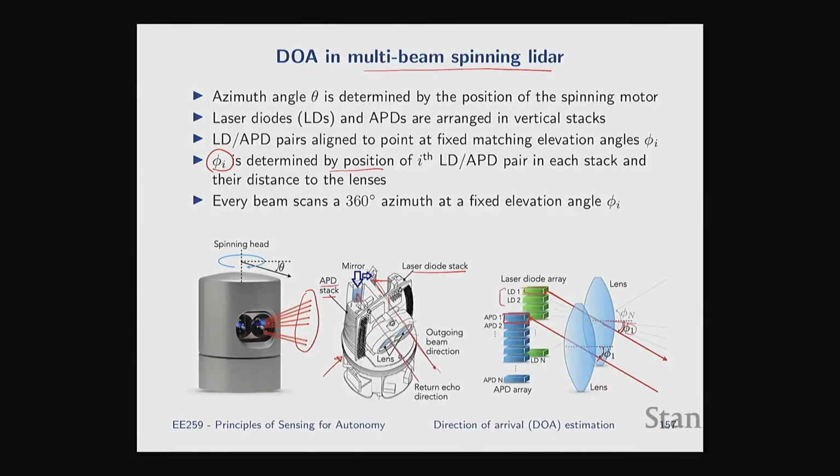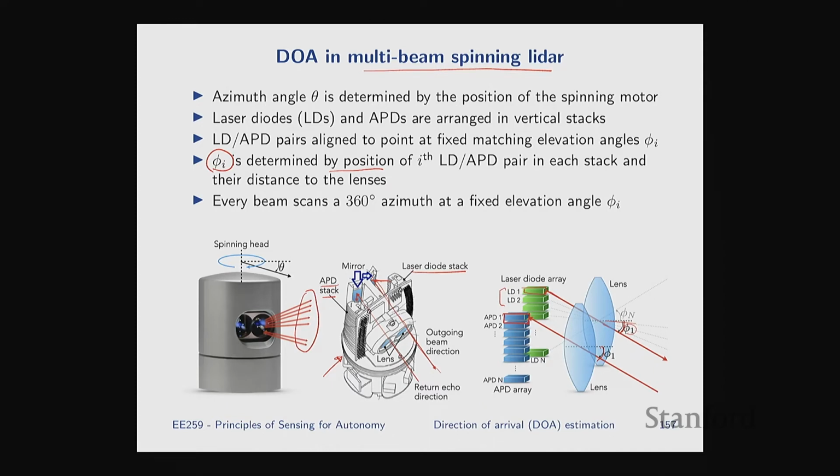You have the two stacks, typically anywhere from 16 to 128 lasers and receivers, and the elevation angles are fixed in hardware and never change.